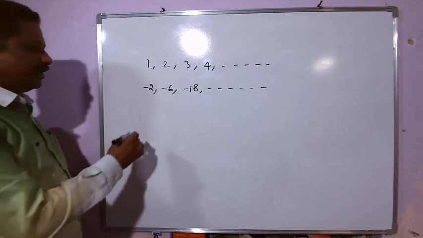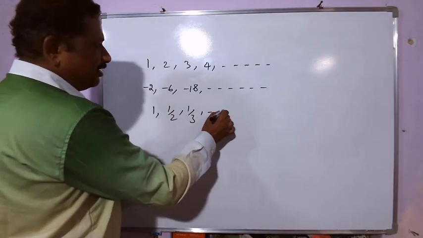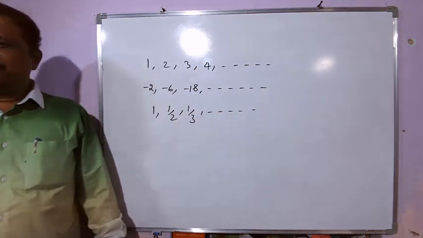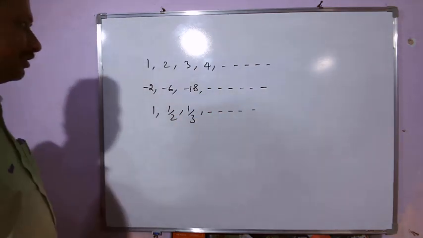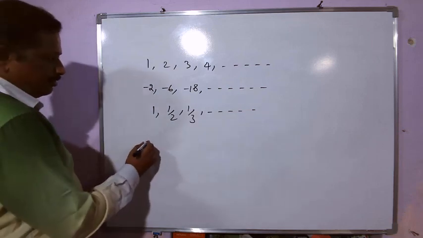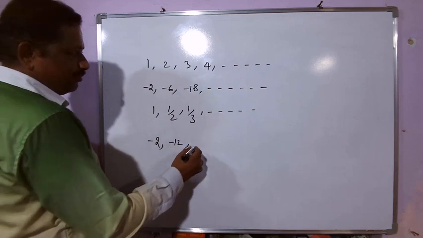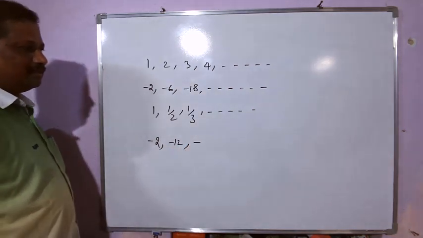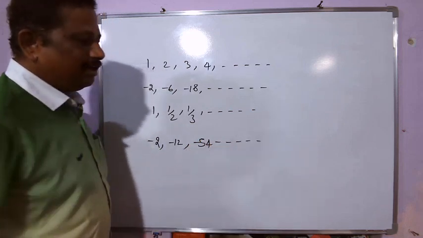Next I am going to write 1, 1/2, 1/3, and so on. Next I am going to write -2, -12, -54, and so on.